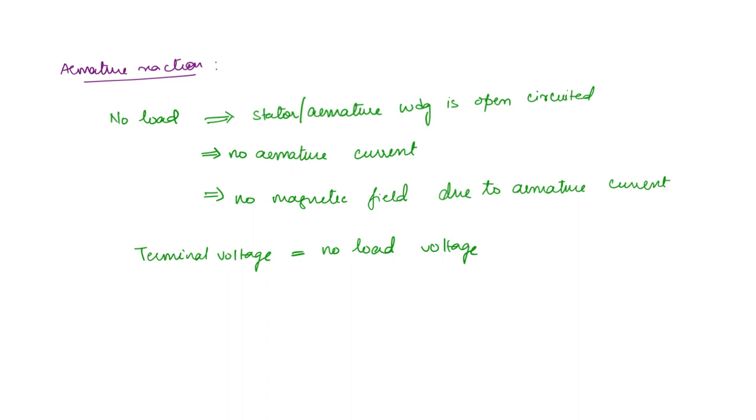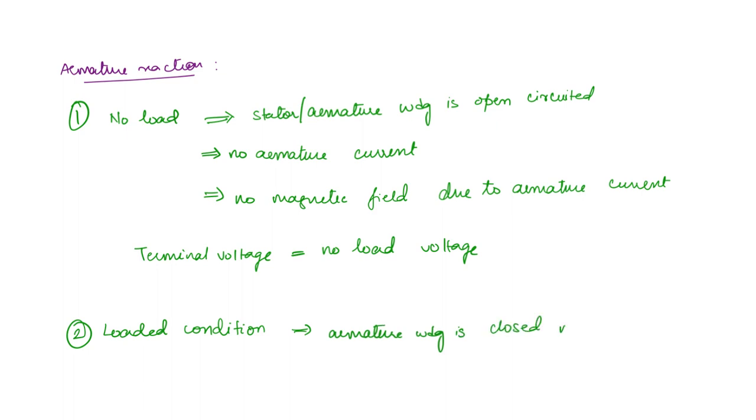But when there is a load, this is the no load condition, this is the loaded condition. In this case, what is going to happen? There will be a closed armature winding network.